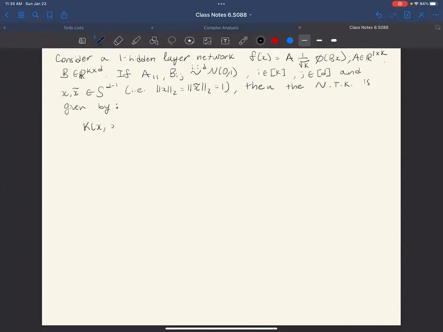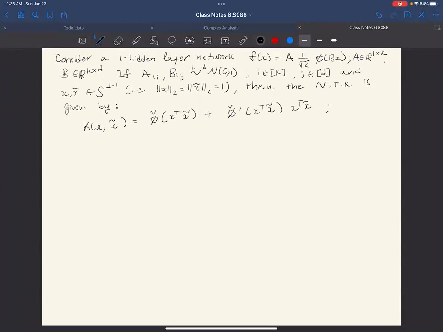k of x, x tilde, which is just the dual activation of x transpose x tilde plus the derivative of the dual activation times x transpose x tilde.